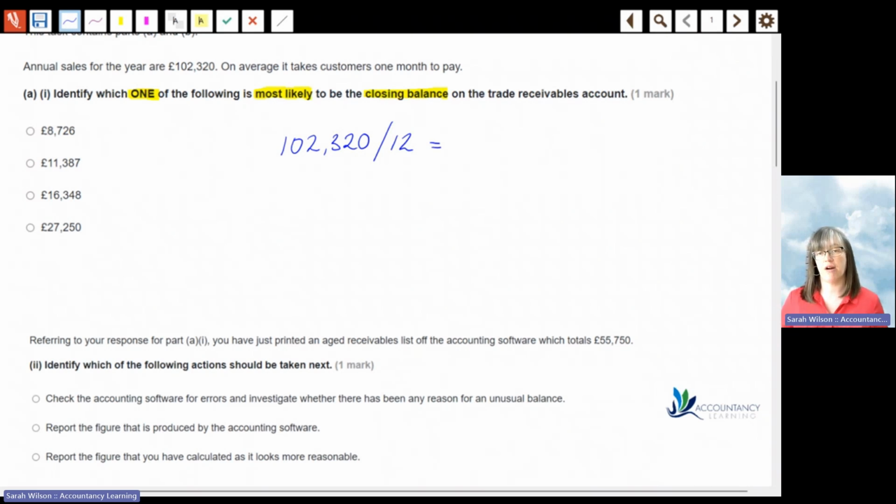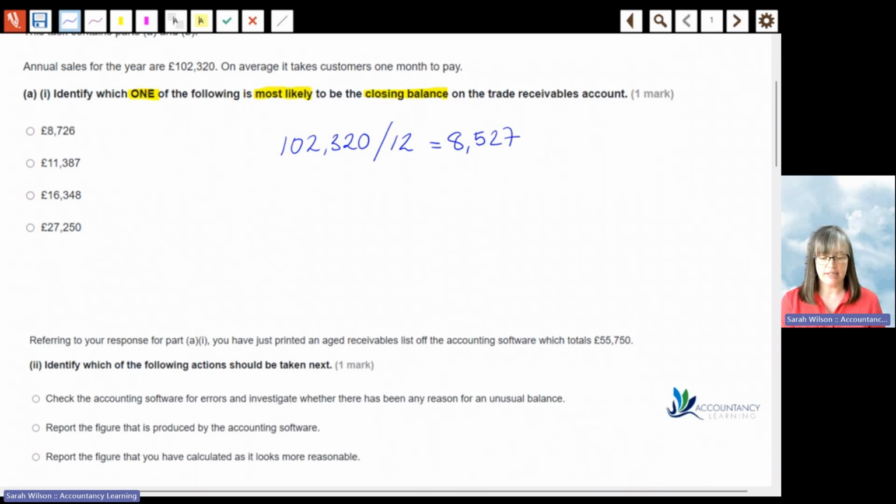So we're going to average it out over the year and see how much per month is paid. That gives us a figure of 8,527. So this means that in that very last month, there's likely to be £8,527 left over to pay in the first month of the following year. So that would be an estimate of our closing balance.